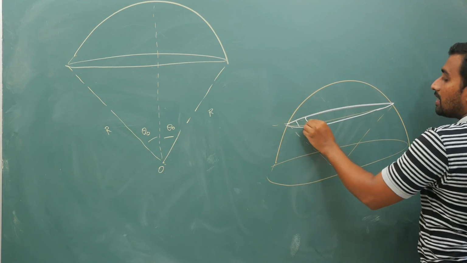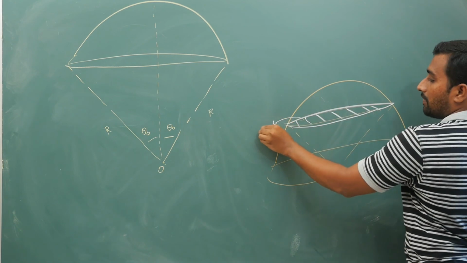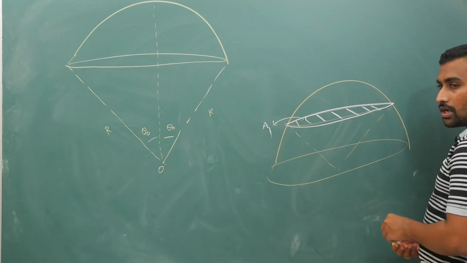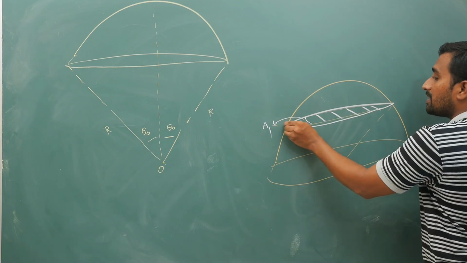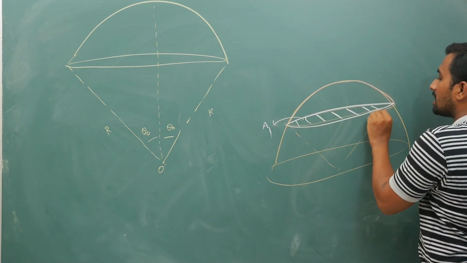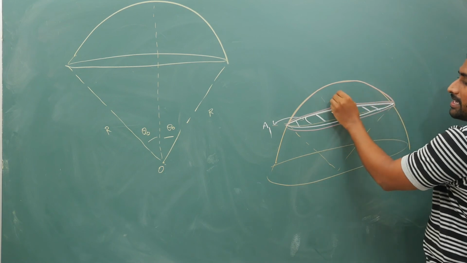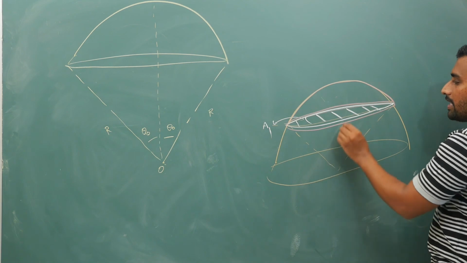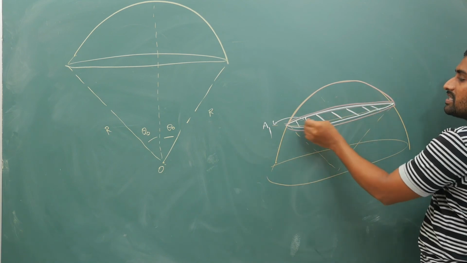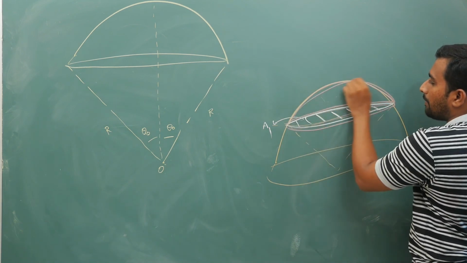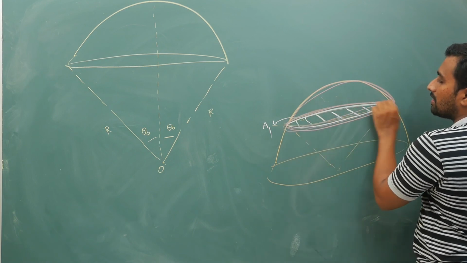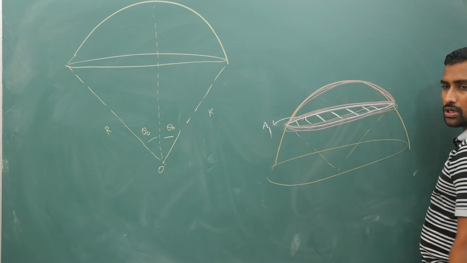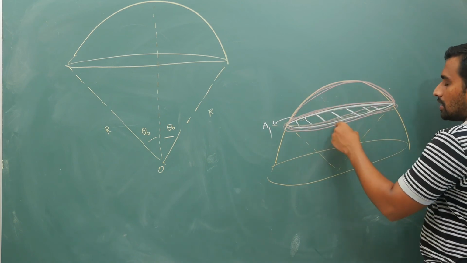Now if you take this small area A1, because of this A1 I am calculating the solid angle, as well as because of this pink color region. 2 pi r square is the area of the complete hemisphere. This is some disc. Because of this disc as well as this pink color portion, I am trying to calculate the solid angle, because of the top part.